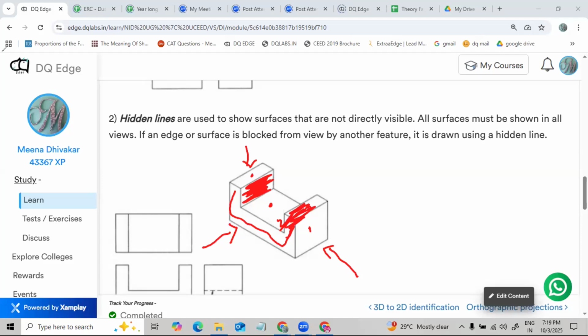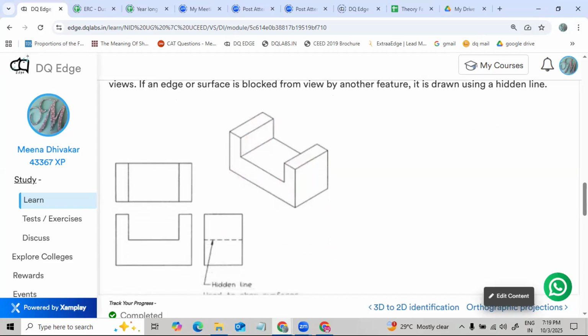So if I draw a hidden line in my left view, a dotted line, this will indicate that there is a surface that exists inside, but you won't be able to see it from outside. It literally tells you there is a surface inside of this line.